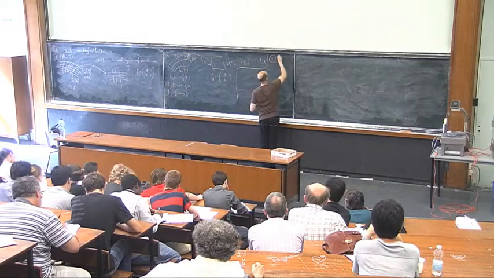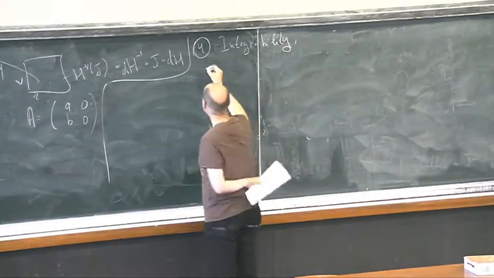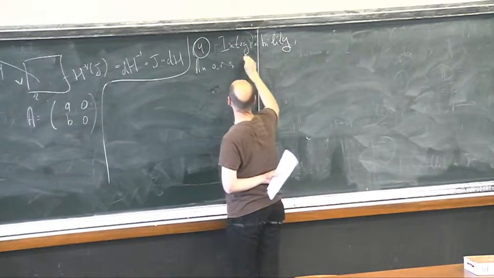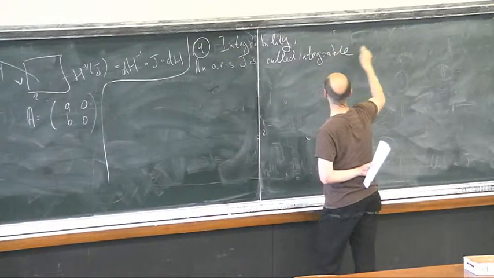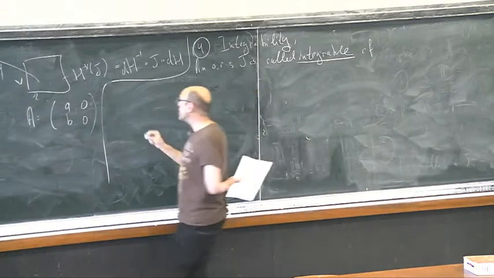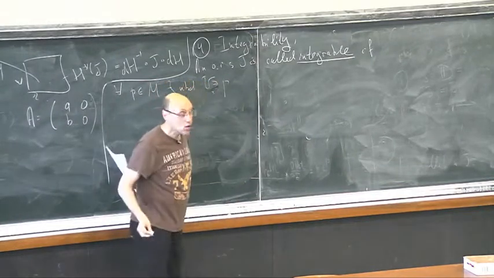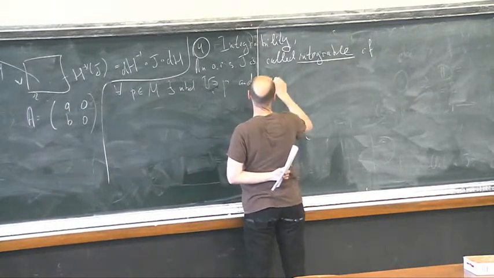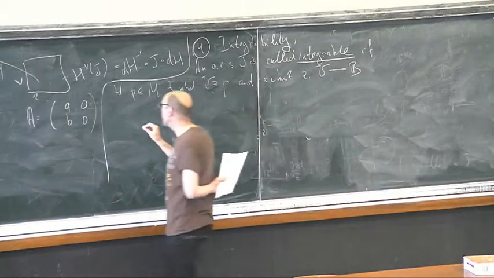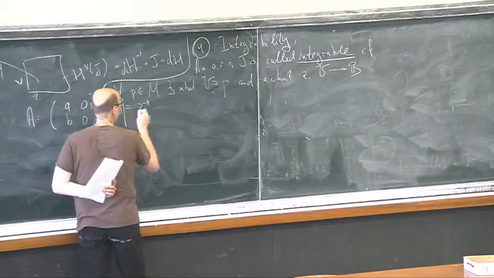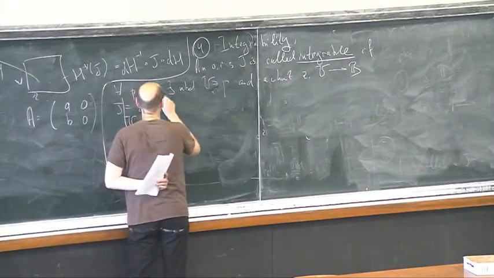An almost complex structure J is called integrable if for every point P in M there exists a neighborhood U of P and a local chart Z from U to the ball of C^n such that J on U is equal to the pullback of the standard structure by Z. Okay.